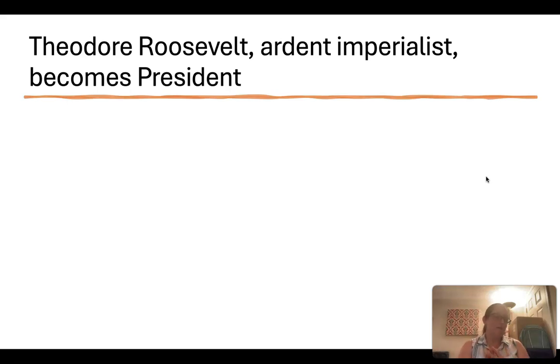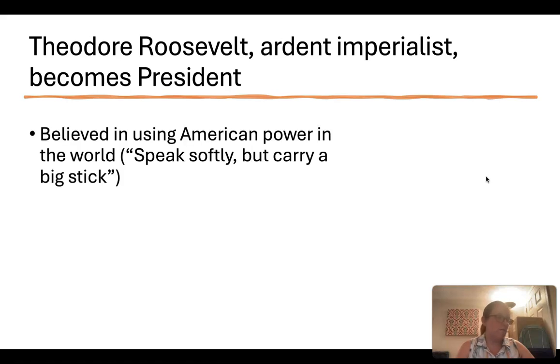But 6 months into McKinley's second term, he is assassinated. And now, said one party leader, that damned cowboy is president of the United States. Roosevelt had long been an imperialist. He was very influenced by social Darwinism, ideas about nature being a struggle for survival.